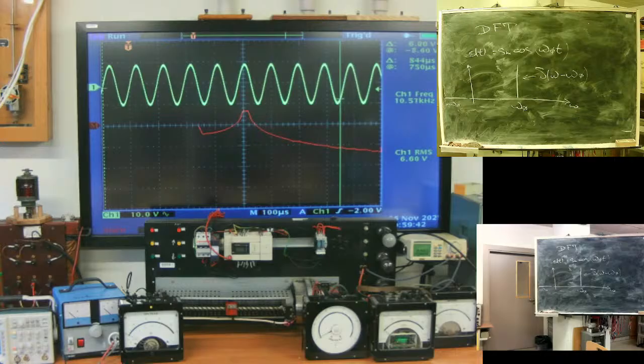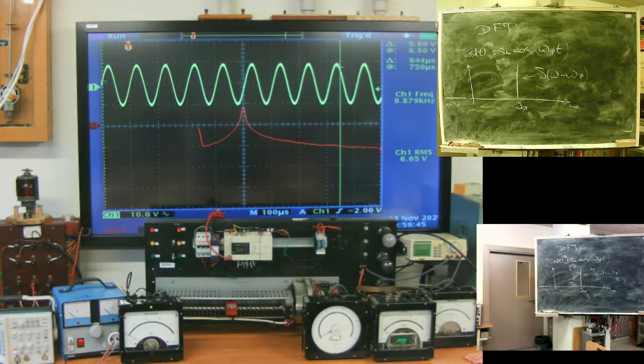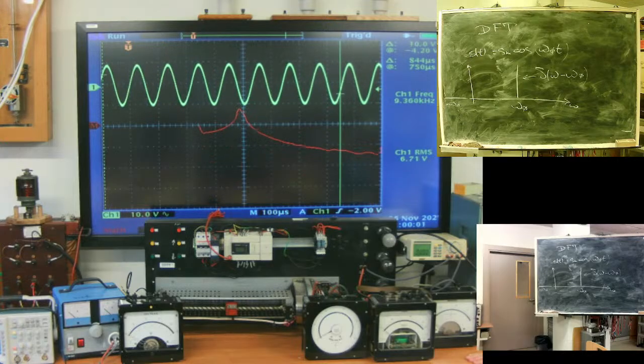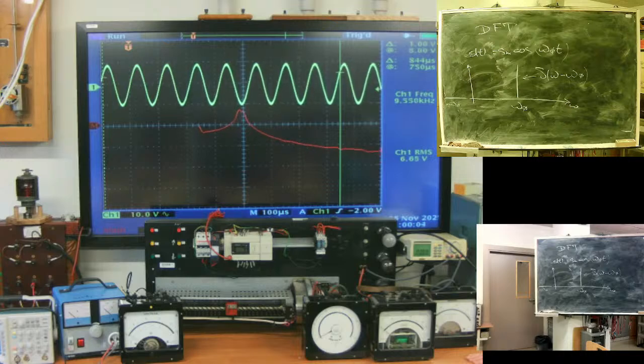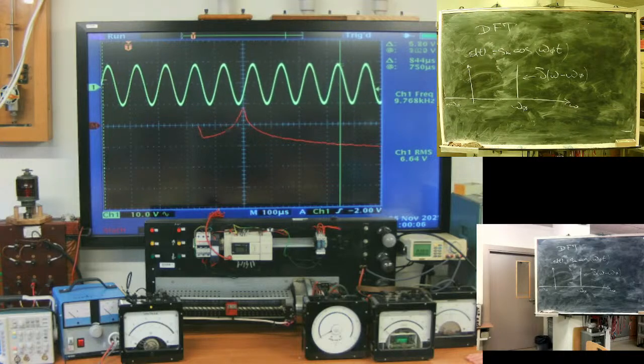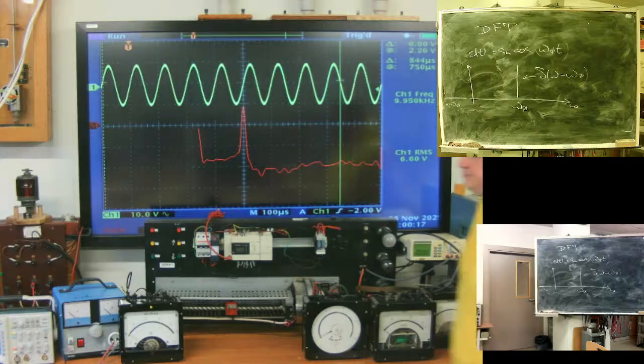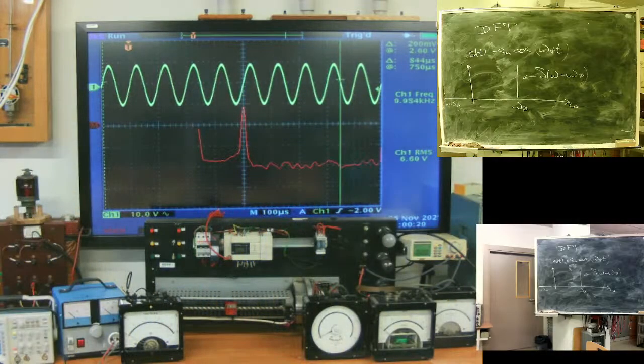Large side lobes. I can switch the representation at one moment. Okay, good frequency. Bad frequency. One more. Take a look at the dependence.